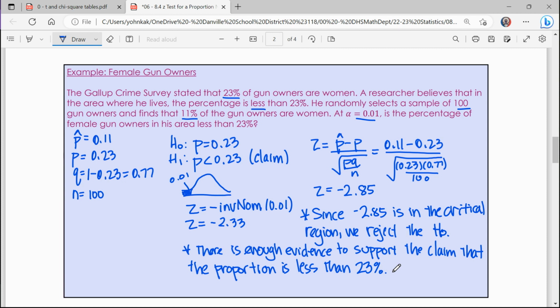The question is, is the percentage of female gun owners in this area less than 23%? And the answer is yes.